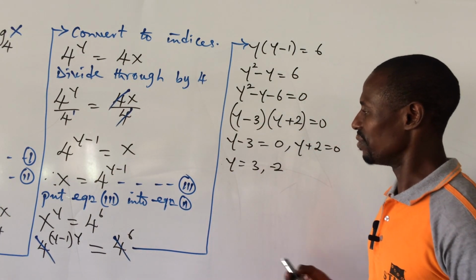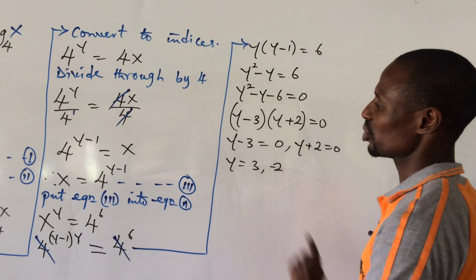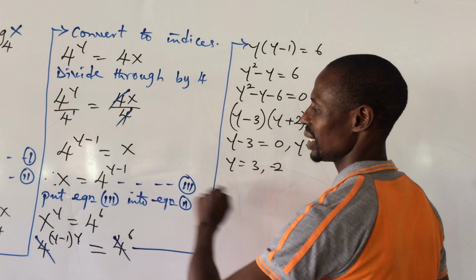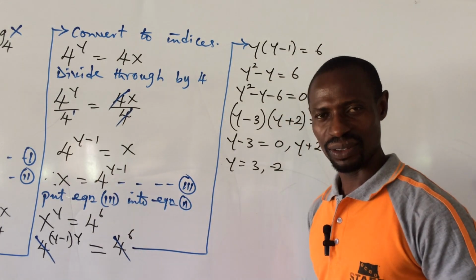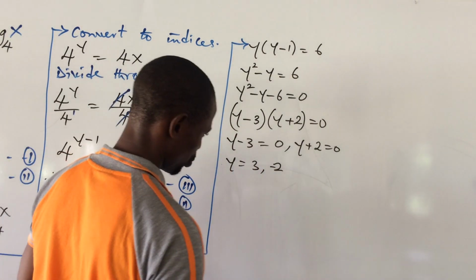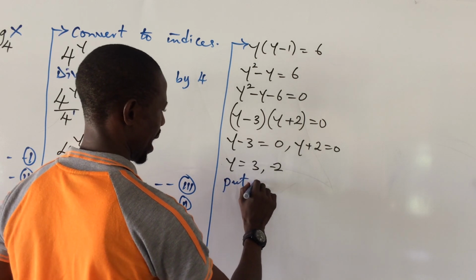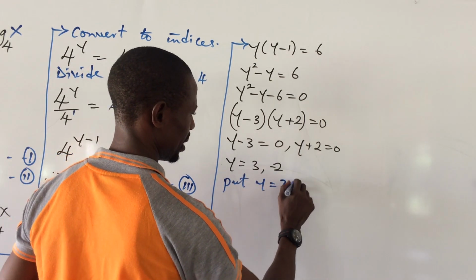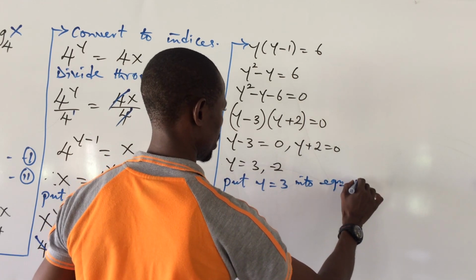We can now look for the value of x. If we cast our mind back to our equation 3, we've made x the subject of the formula already. So we'll now put y equal to 3 into equation 3.